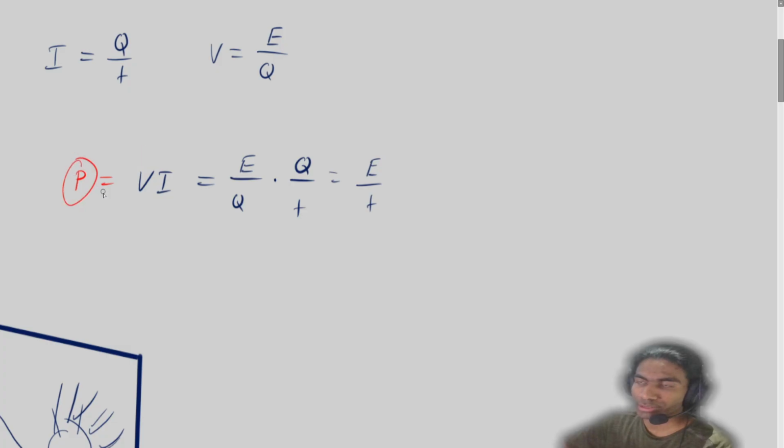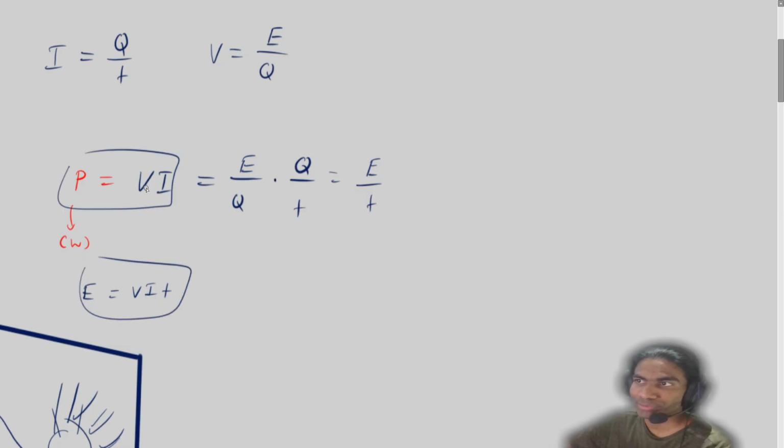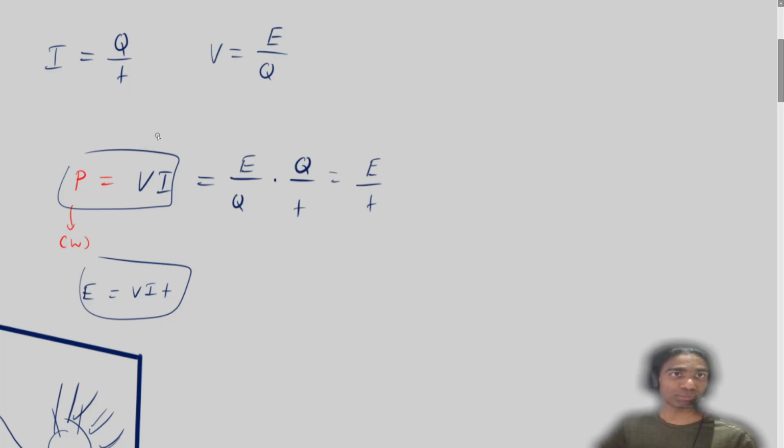So if you wanted to figure out the electrical power in watts, you just multiply the voltage and the current. And if you wanted to get the electrical energy, that would be the voltage times the current times the time. These are two handy equations to keep in mind. If you're ever investigating the power output or the energy output of something, just multiply voltage, current, and time for energy.